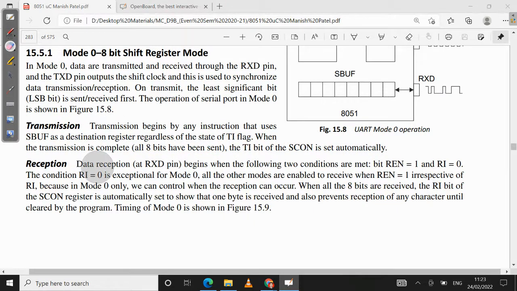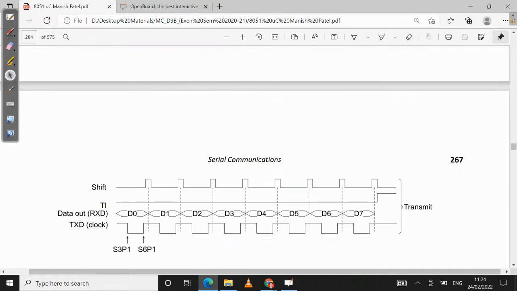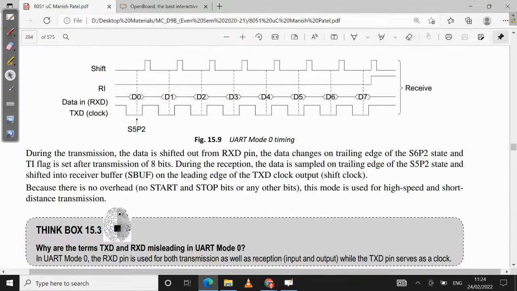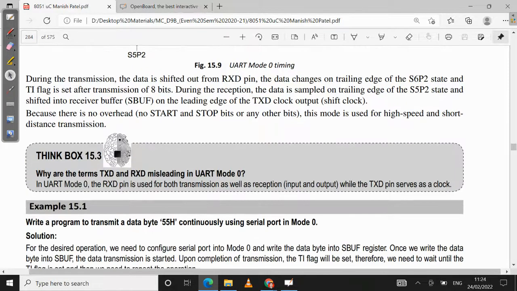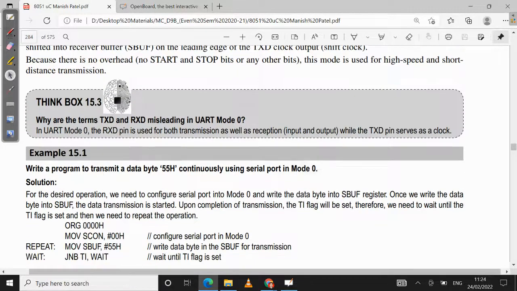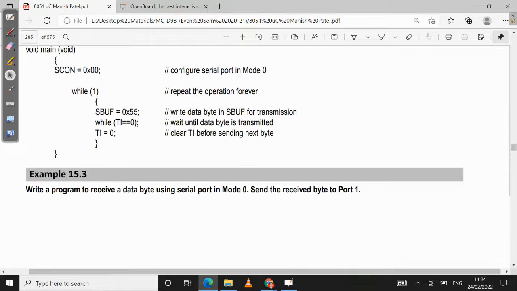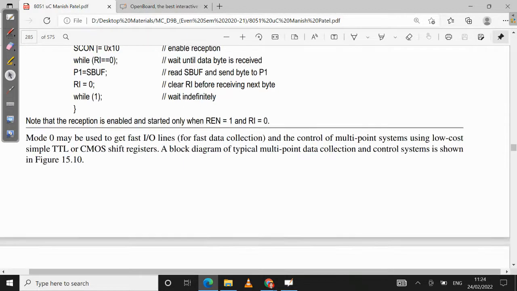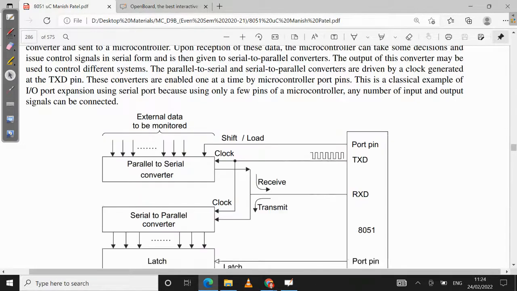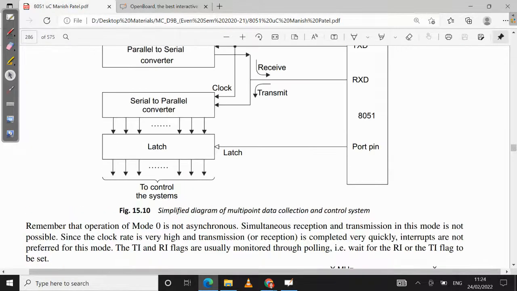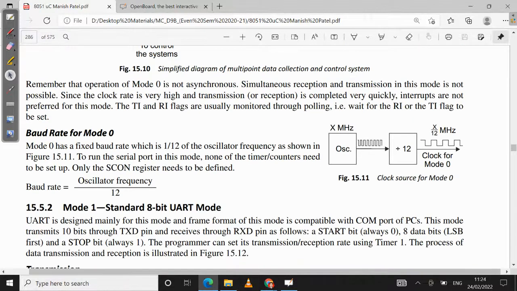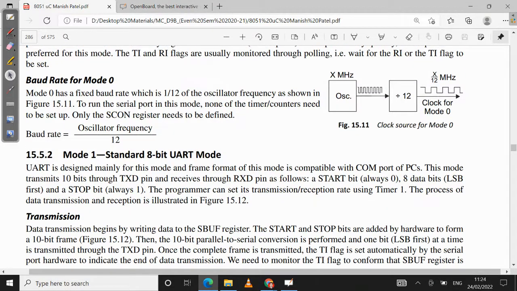Then comes the next one, that is mod 1. Please read this also, baud rate for mod 0 जो मैंने अभी आपको बताया.